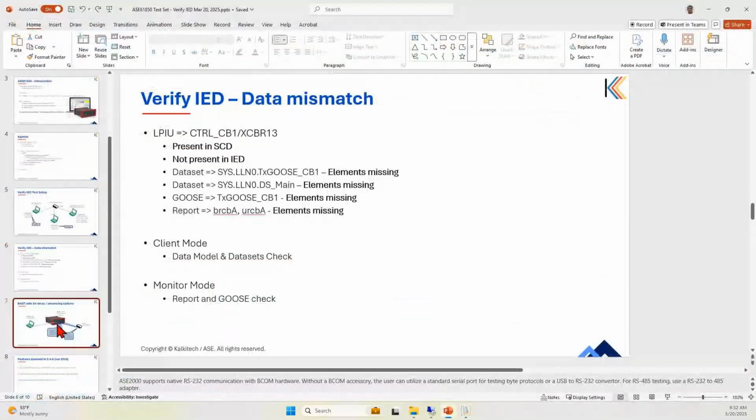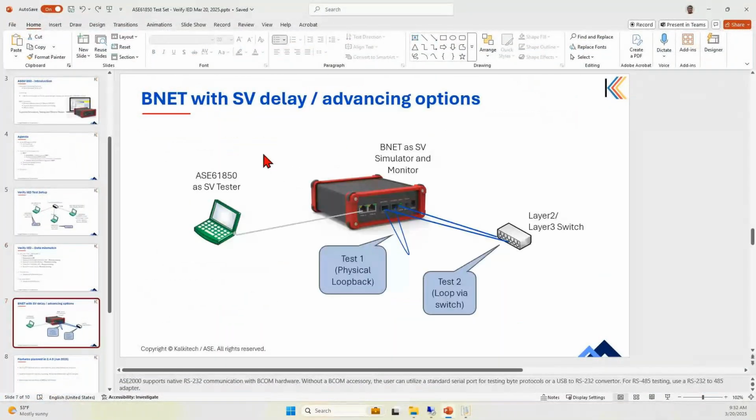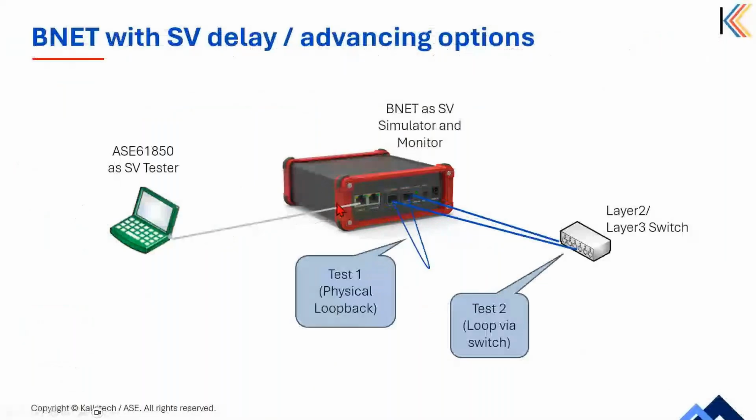Next we will focus on another feature where the BNET has a capability to delay or advance the simulation. Typically you will see all the merging units sending data at a normal rate.